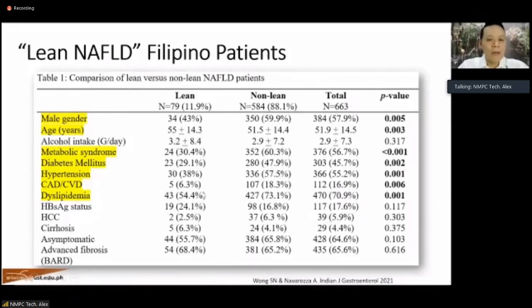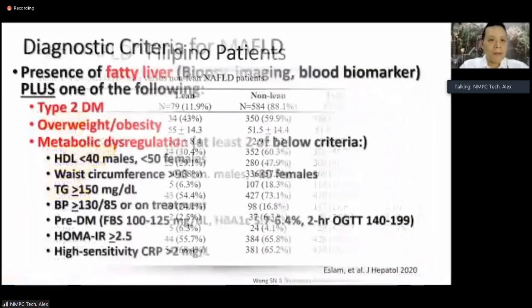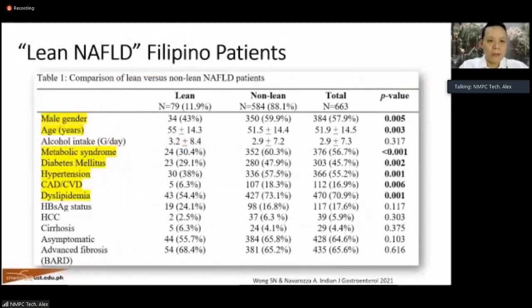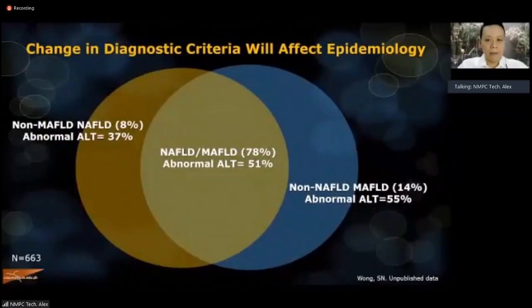Even though it's lower, it's still present in about 30% of patients with lean NAFLD. And that is why if you look back to the diagnostic criteria for MAFLD, it's important not only to see if there's overweightedness; even if you don't have this, if you have type 2 diabetes or evidence of metabolic dysregulation, then you've already clinched the diagnosis.